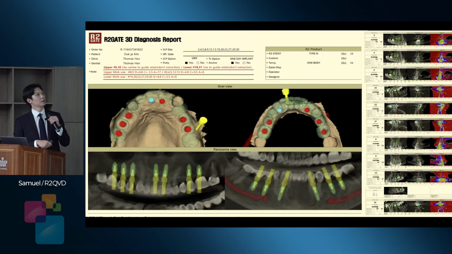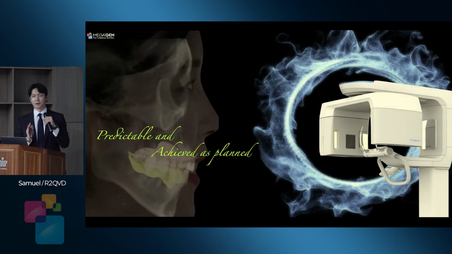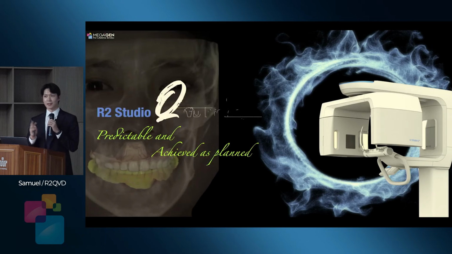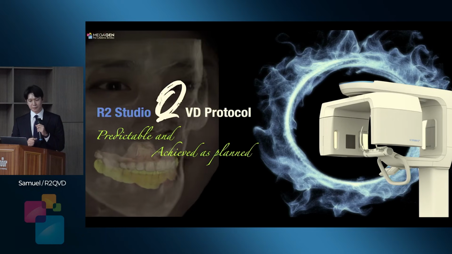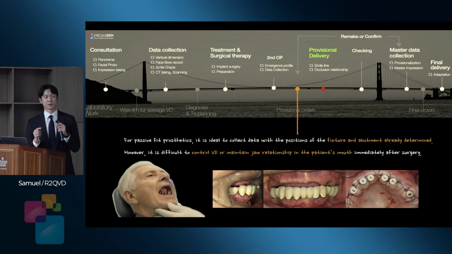So yes, it is starting the QVD solution. So I will explain in more detail with the clinical case. After surgery, for the passive fit prosthesis, it is ideal to collect data with the position of the fixture and abutment already determined.